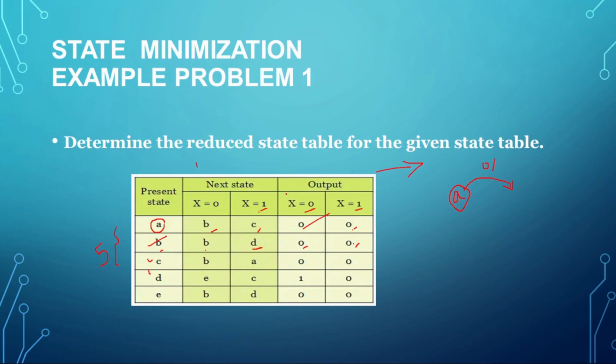When x is equal to 0, the next state is B. So I am representing the B here, and the output will be 0.